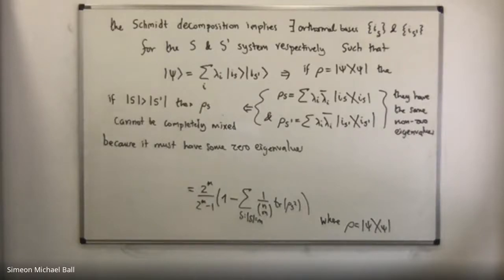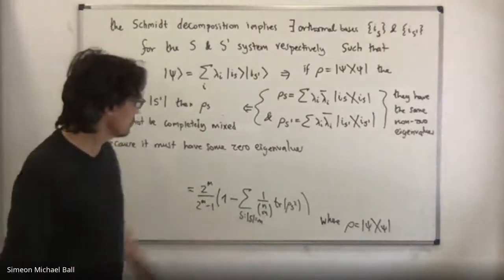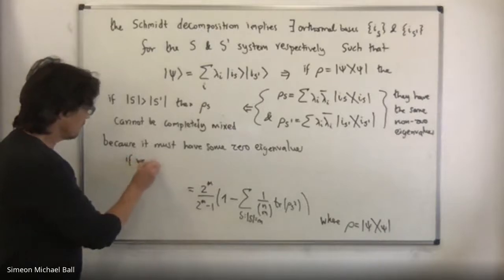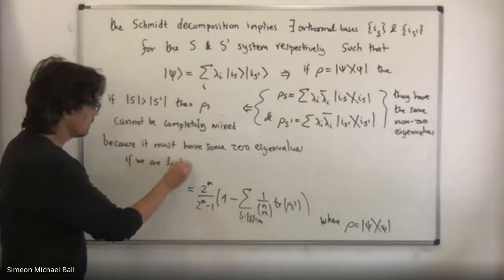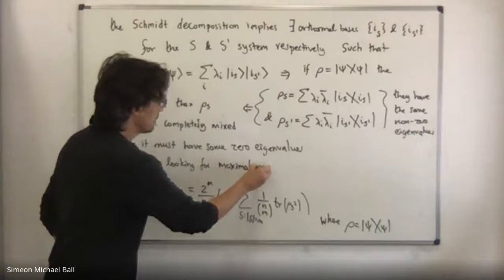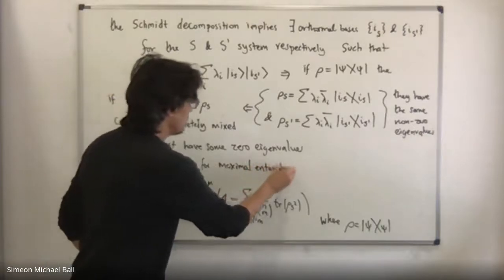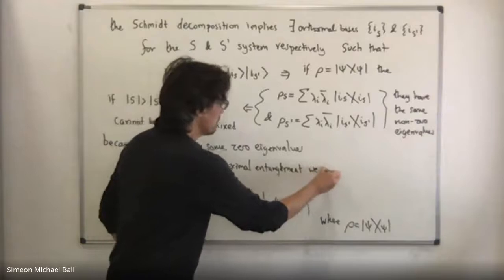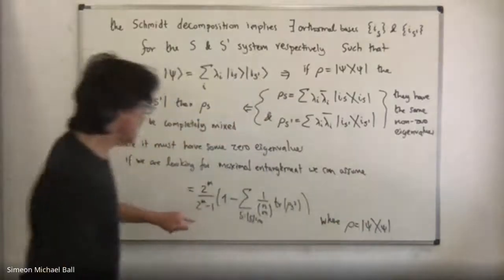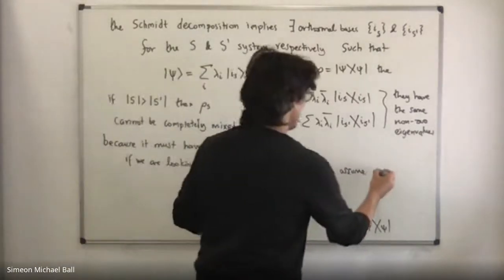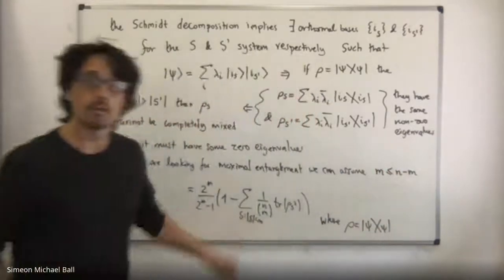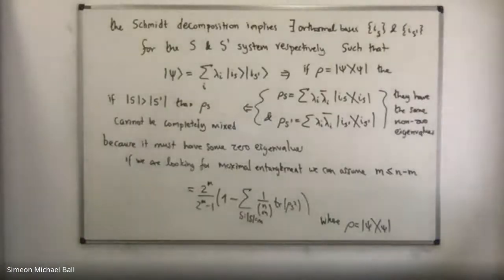So looking for completely mixed states on the reductions, if we are looking for maximum entanglement, we can assume the size of S is always going to be at most n minus m, so m is less than or equal to n divided by 2.